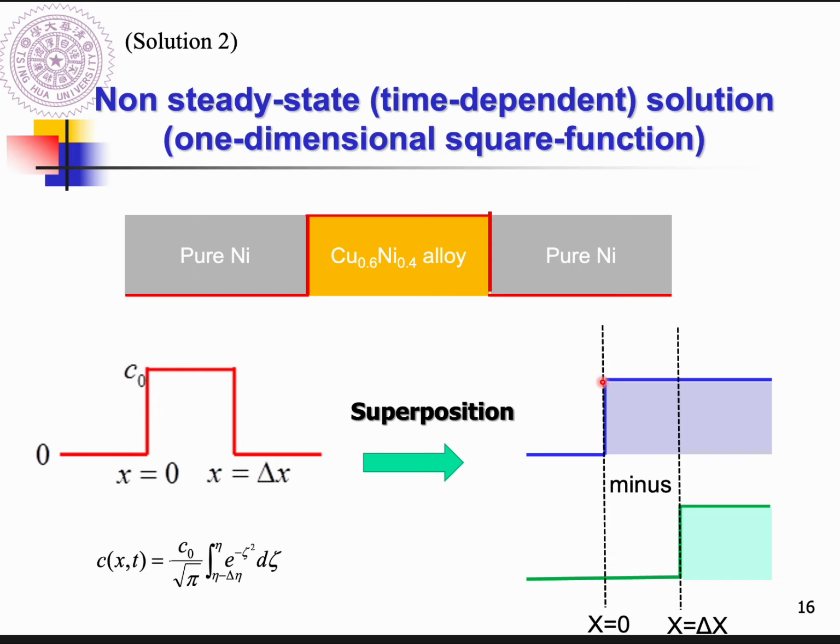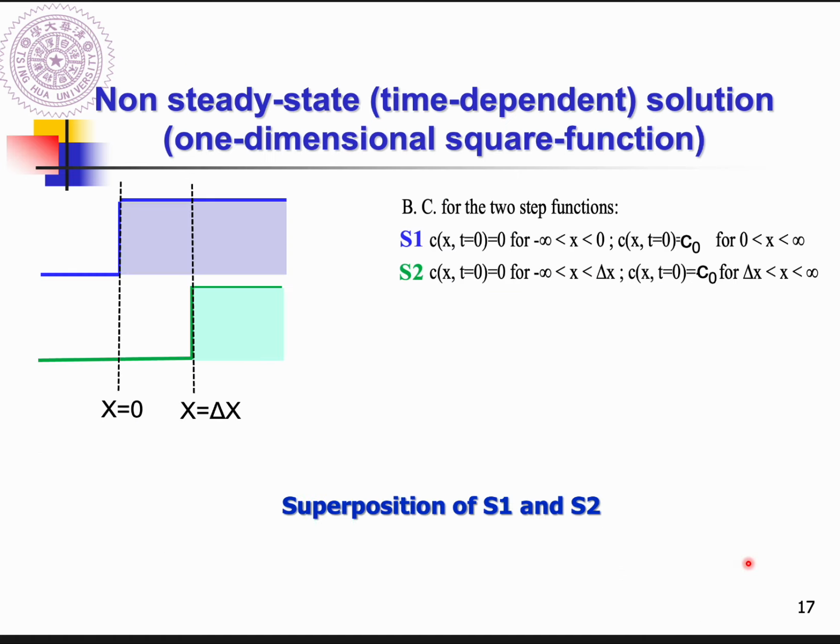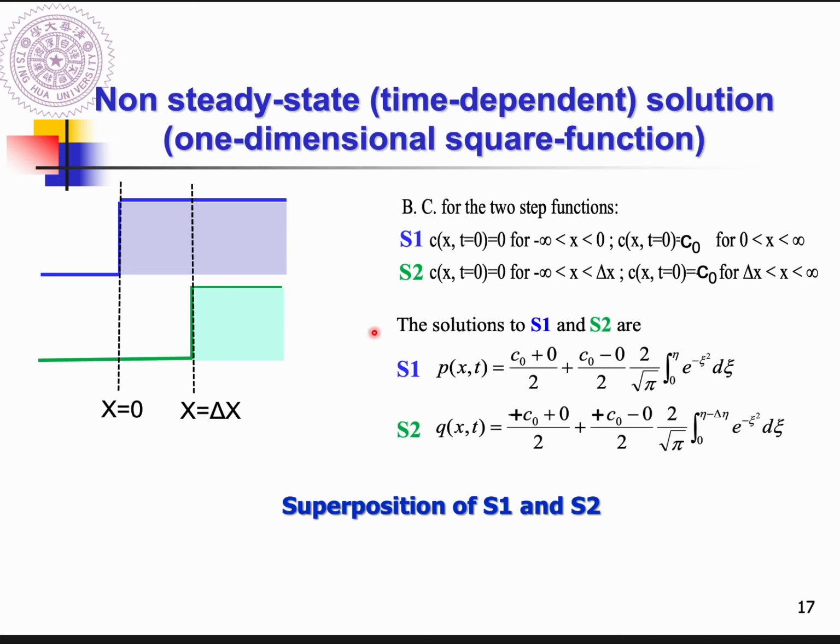The first one is shown here in the blue curve, and we use this one to minus this step function. If you subtract this one from this one, what you get is the square function, right? You also need to list the solution for S1, which is the same as the previous method. The only difference is the solution for S2.